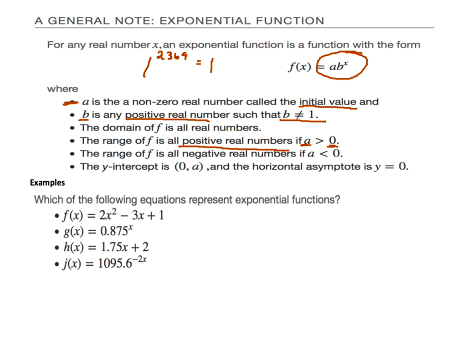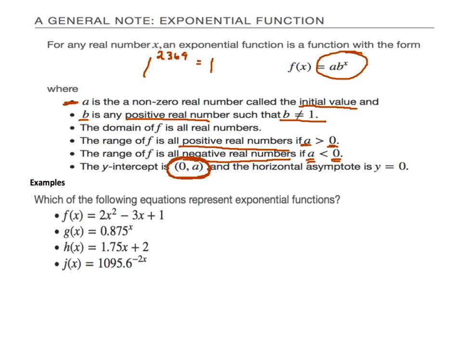If a is less than 0, so if your initial value is less than 0, then the range is all negative real numbers. So this should give us a clue about reflection of this particular function, which we'll talk about in 6.2. The y-intercept is always 0, a.